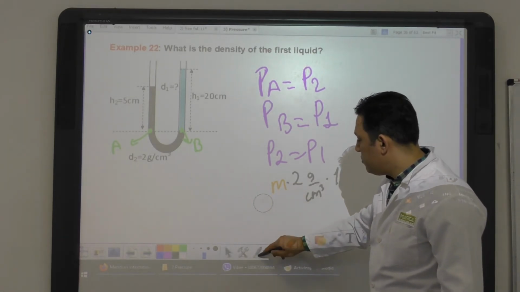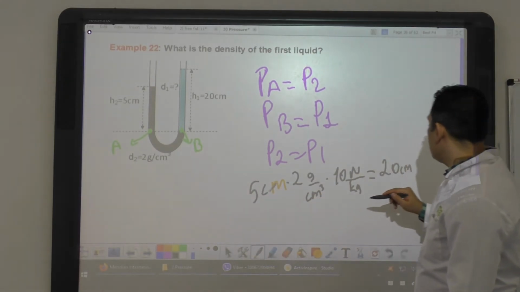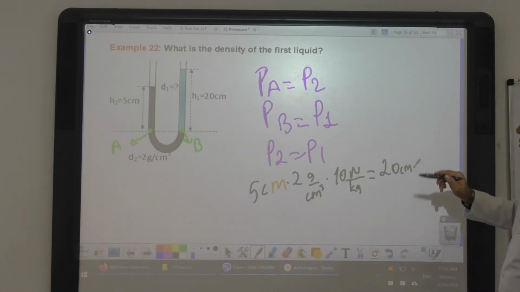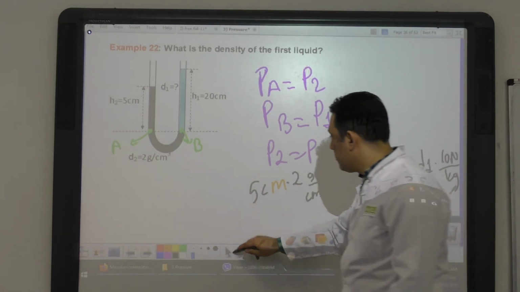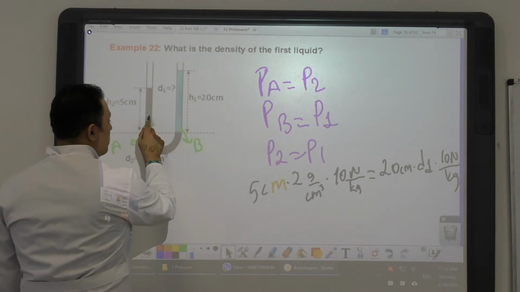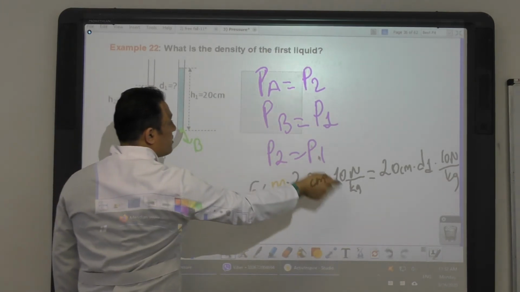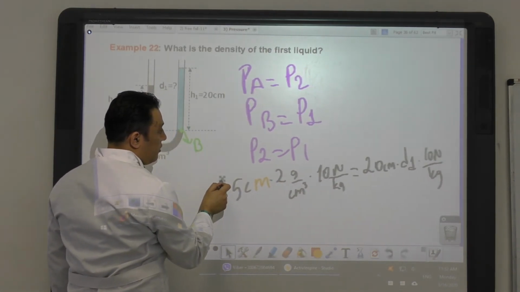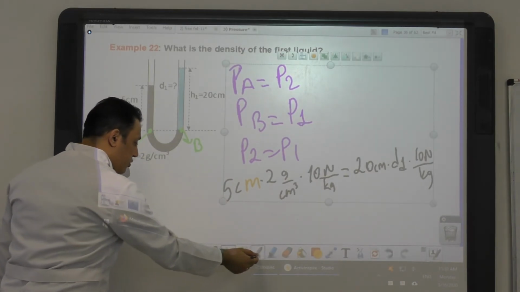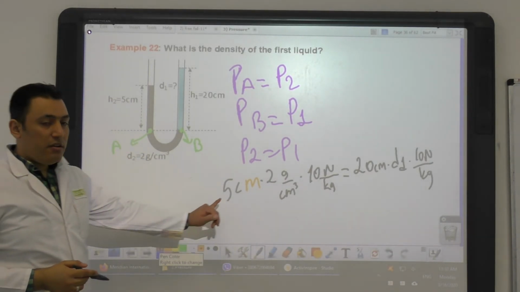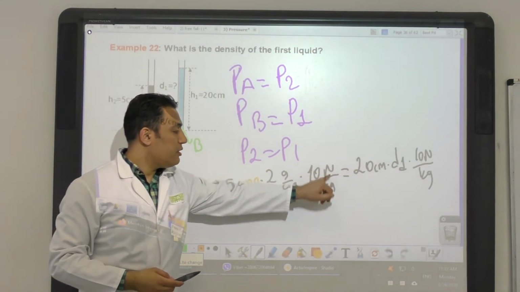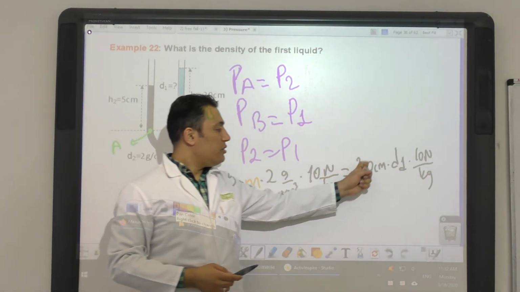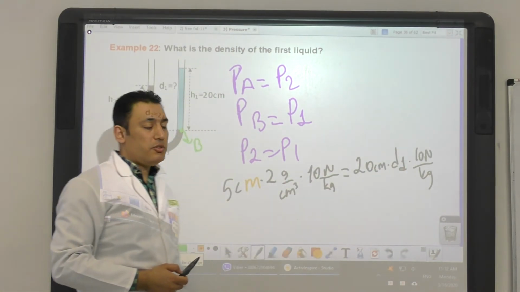I should also change 5 centimeters. Multiplied by the density, which is not known, I'm going to call it D1, multiplied by 10 newtons per kilogram. Let's move this equation a bit closer so that it's visible to you. So guys, 5 centimeters multiplied by 2 gram per centimeter cube multiplied by 10 newtons per kilogram, equals 20 centimeters times D1 and 10 newtons per kilogram.